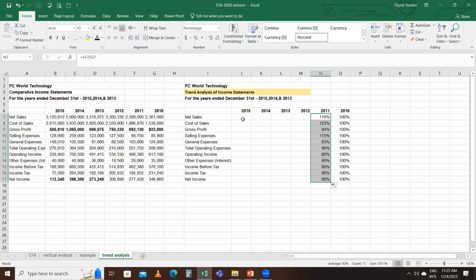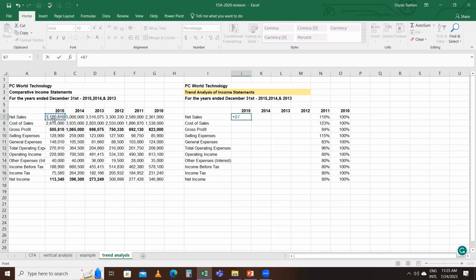So now I'm going to do it in an easier and more convenient way. Right? I am going to take this figure, then I have to divide it by this figure in 2010. So this is fixed.